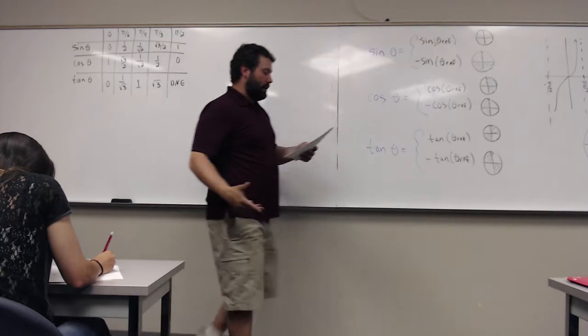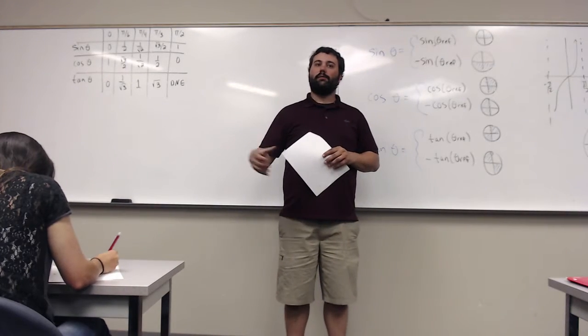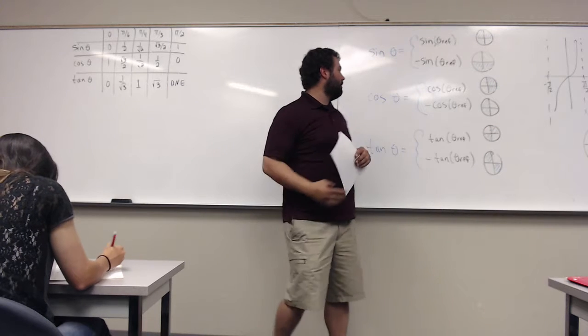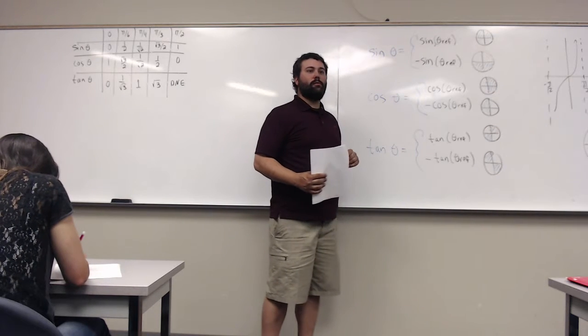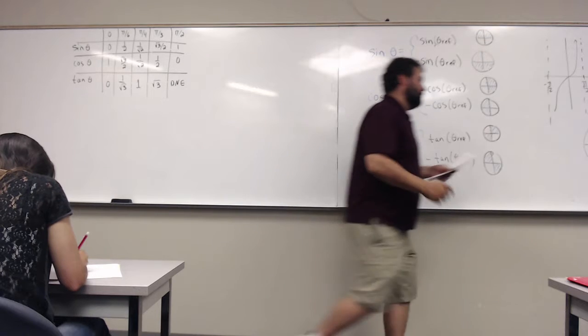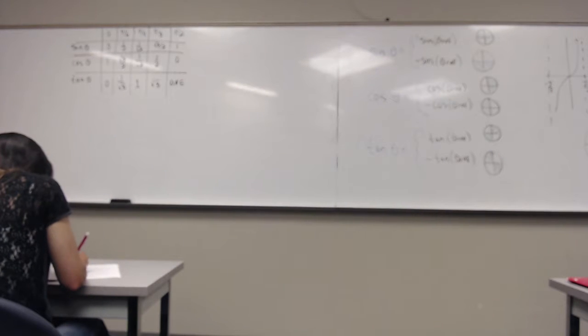So if you want to do sine, cosine, or tangent for an angle, it comes down to identifying the reference angle and then either throwing a plus or minus out front. So let's find sine, cosine, and tangent for the following angles.